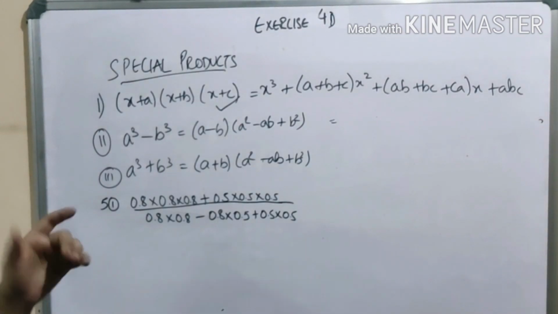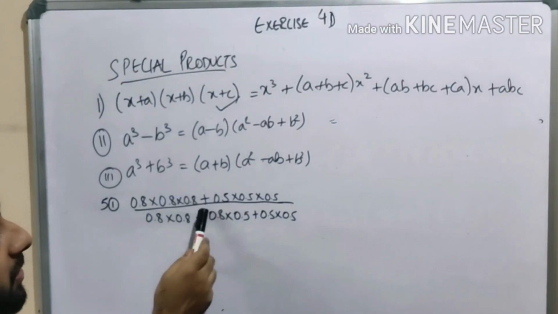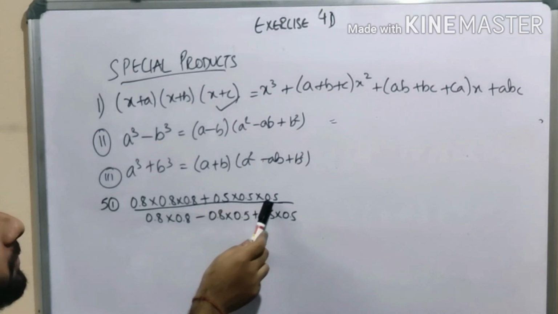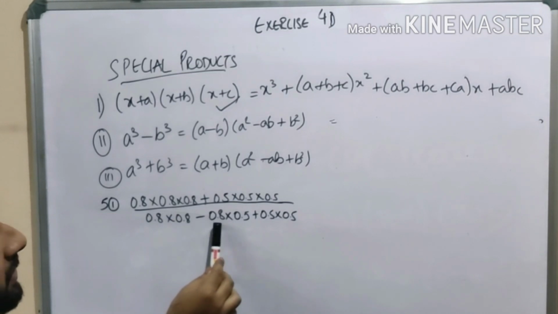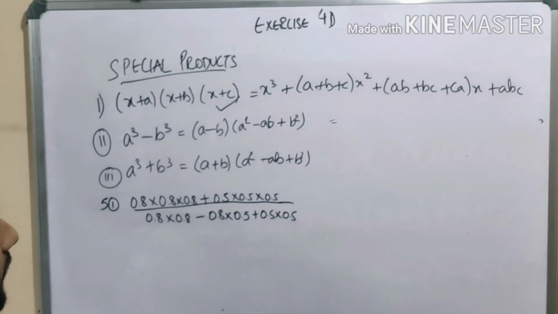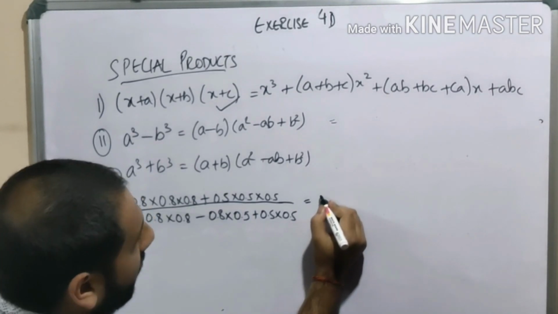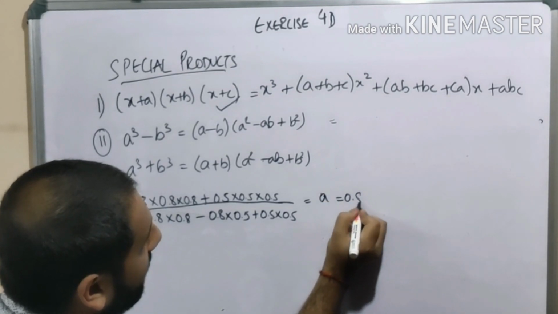Alright students, now we've got 0.8 into 0.8 into 0.8, 3 times, plus 0.5 into 0.5 into 0.5, 3 times, divided by 0.8 into 0.8 minus 0.8 into 0.5 plus 0.5 into 0.5. Now let us consider a is equal to 0.8 and b to be 0.5.